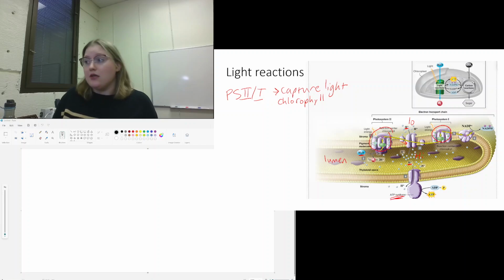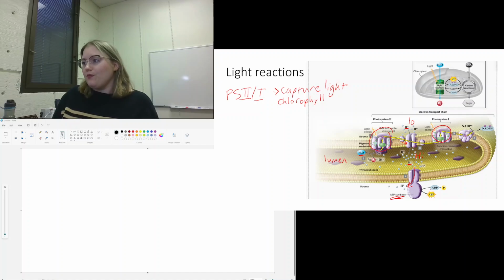ATP synthase. Now, ATP synthase is kind of like a generator or an engine, okay? So our hydrogen ions are passing through this ATP synthase, and think of them like wind in a windmill. They are passing through, making this ATP synthase spin, and it does actually spin.